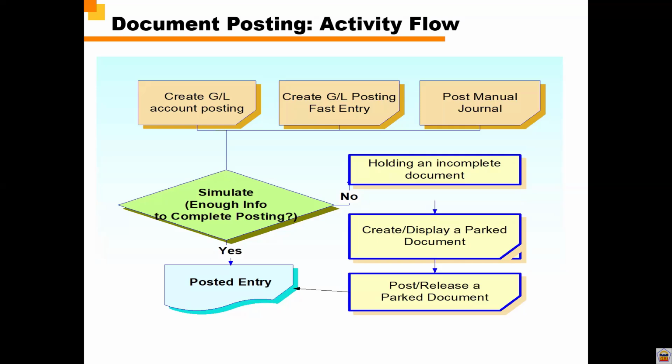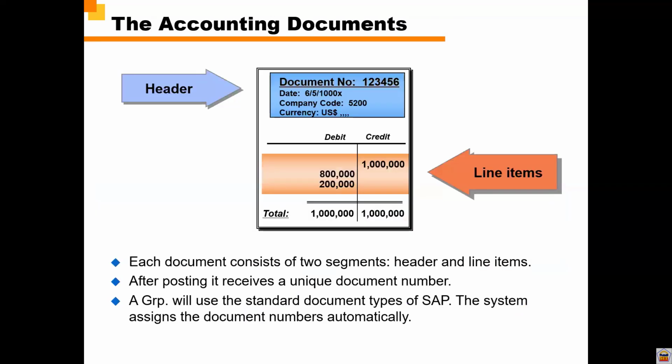This is the difference between parking and posting. So the teller, when he is doing the entry, that can be considered a park document. And when his manager is doing the posting, that is going to be a posted document. When we are creating any document, it is going to give us an accounting document number, FI document.